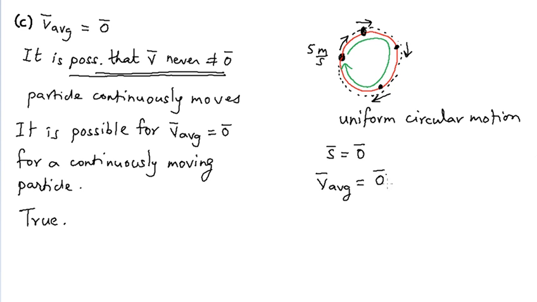So it's going to be 0 bar divided by whatever time was taken to complete a revolution, and clearly the average velocity is equal to 0 bar.